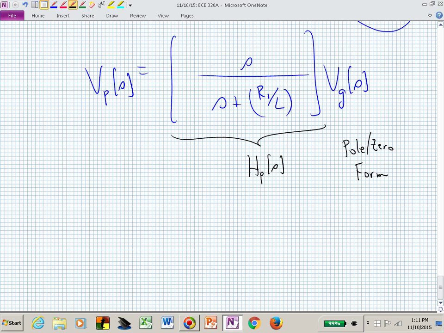What happens at low frequencies? What happens at a really low frequency? At DC. It goes to 0. So now we're going from DC at 0 up to a value of 1 at high frequencies. So we're attenuating low frequencies and we're passing higher frequencies.